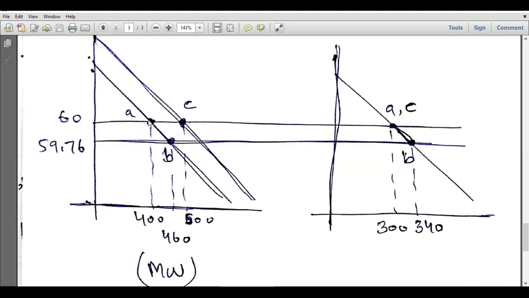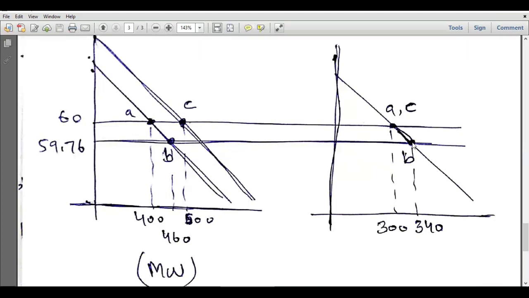So in that case, point A will be over here, that will be point B, and point C would be the same point as point A. And the second generator will actually contribute the whole 100 megawatt excess power. So it will first move from 300 to 340 megawatts.